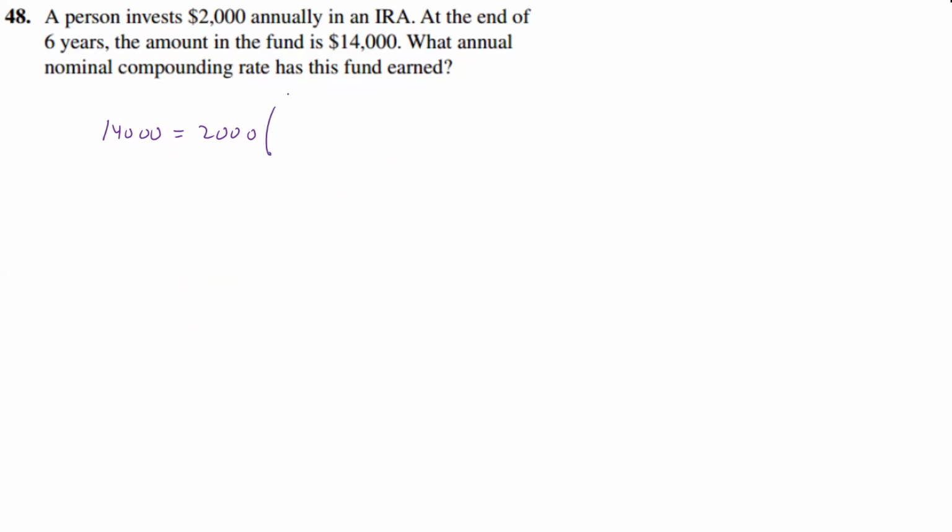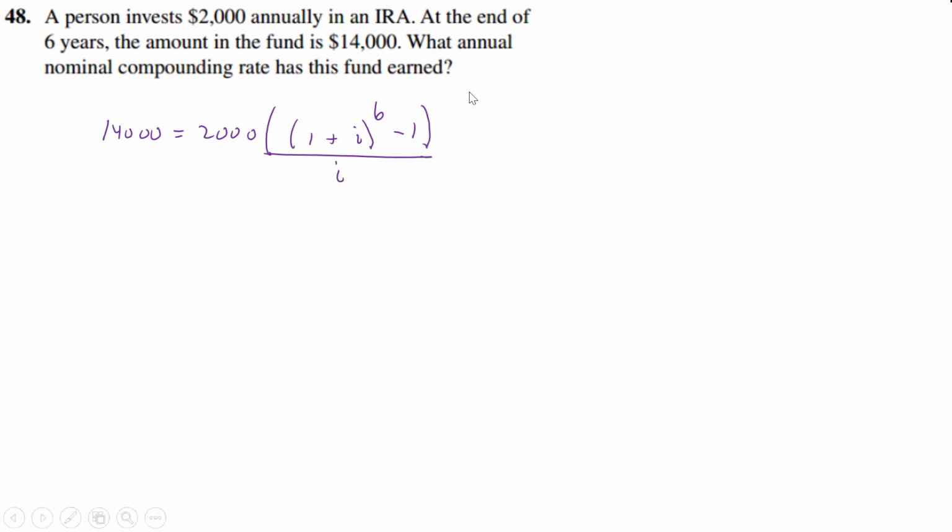We're doing it annually, so we don't have to worry about dividing by 12 or any of those things. So it's going to be 2,000 times 1 plus some i, but we could use i or x because x is what we type into the calculator. It's going to be 6 minus 1, divided by i again.